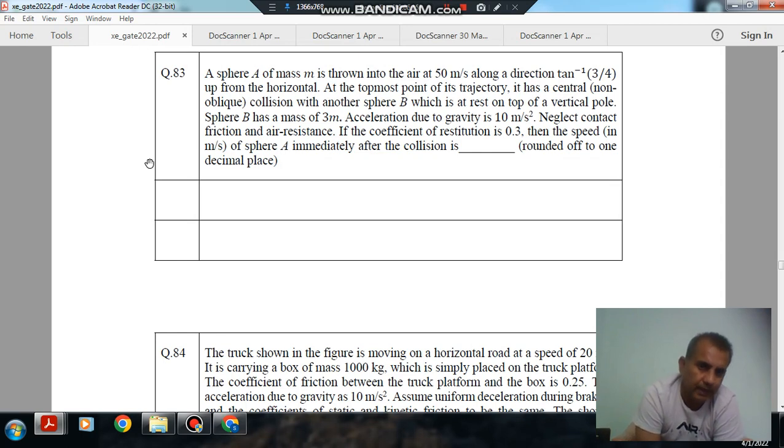The sphere B has a mass of 3m. Acceleration due to gravity is 10 meter per second square. Neglect contact friction and air resistance. If the coefficient of restitution is 0.3, then the speed in meter per second of the sphere A immediately after the collision is, rounded up to 1 decimal place.